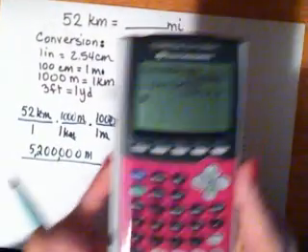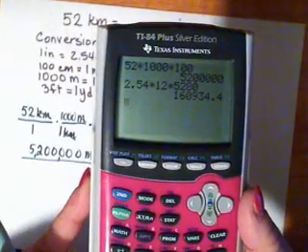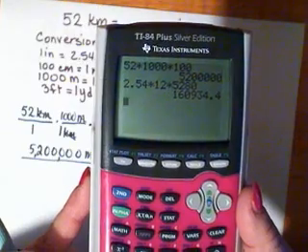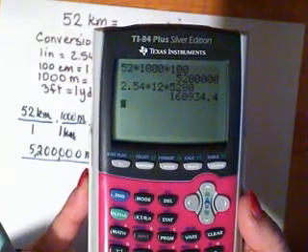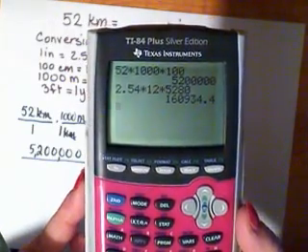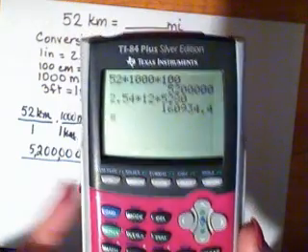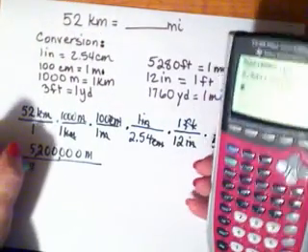So then I get 2.54 times 12 times 5,280, and I get 160,934.